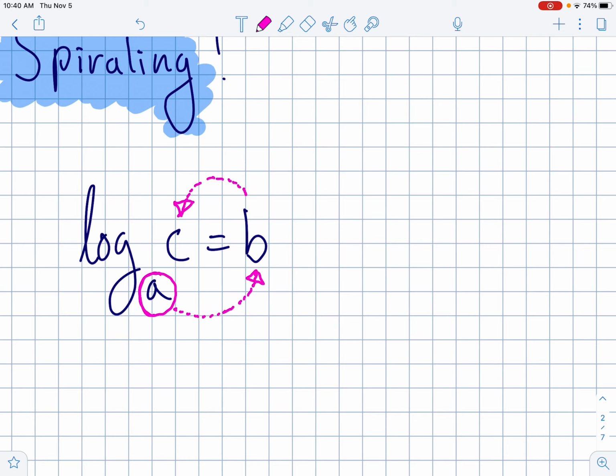So an equivalent way to say this is a to the, so this is the to the part, b is equal to, and you know it's equal to because it jumps over the equal sign. So we'll say equal to right here. So a to the b is equal to c.